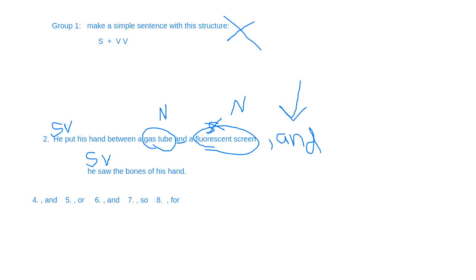In just a moment, I'll put you in your group, and then you will have 5 minutes to talk with your partners and write down a sentence, and then you're going to put it on the whiteboard to share with the rest of the class. If you're in group 1, you need to make a simple sentence: subject, verb, verb. And if you're in group 2, you're going to make a compound sentence that has these conjugated verbs.